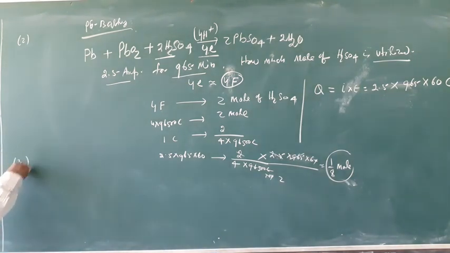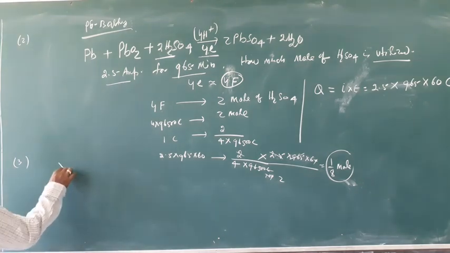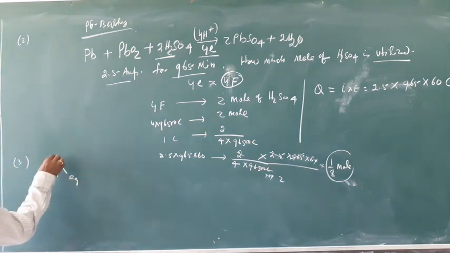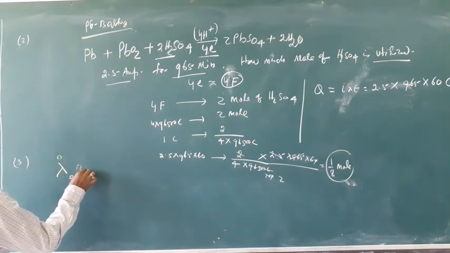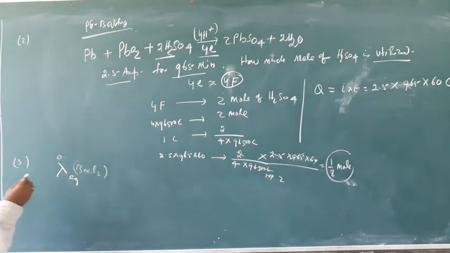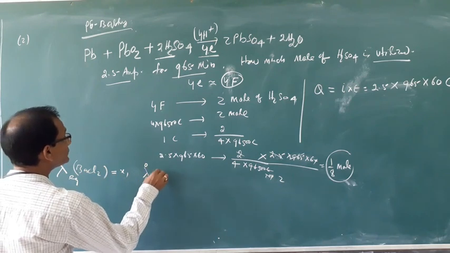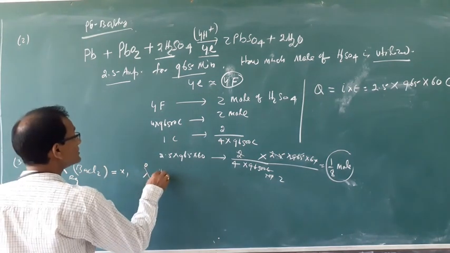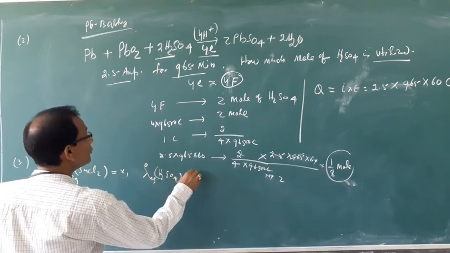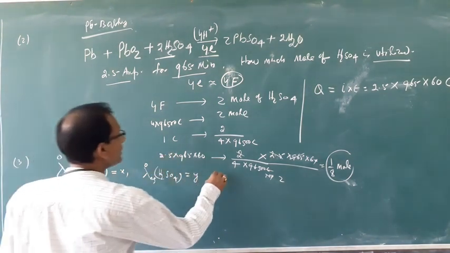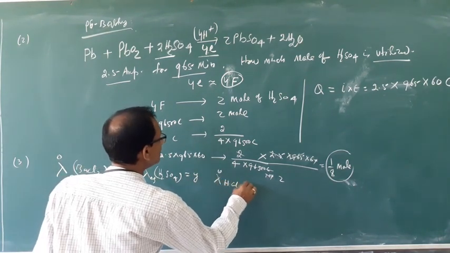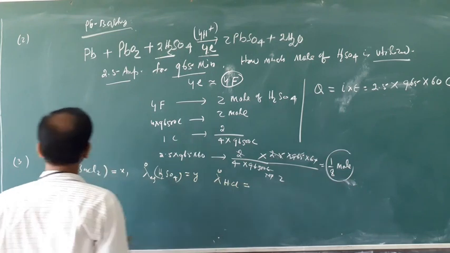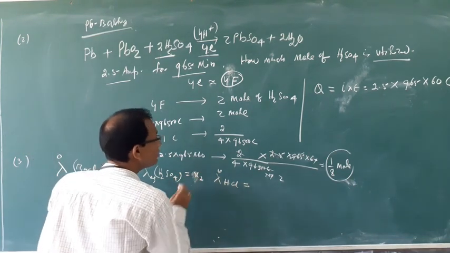Then question number 3. Let the lambda equivalent of barium chloride be x1, lambda equivalent of sulfuric acid be x2, and lambda equivalent of HCl be x3.